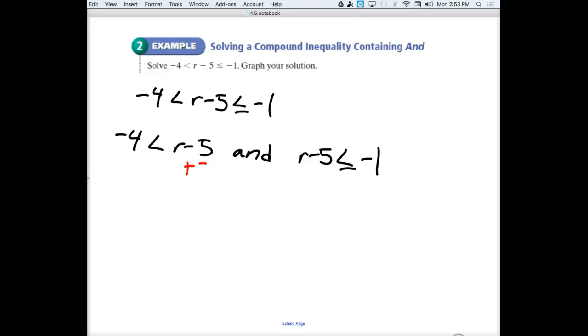So we would add 5 to both sides. And then you're going to get over here, we'd have -4 plus 5 is 1, is less than r, because -5 plus 5 is 0. Same thing over here, we're left with r is less than or equal to 4.